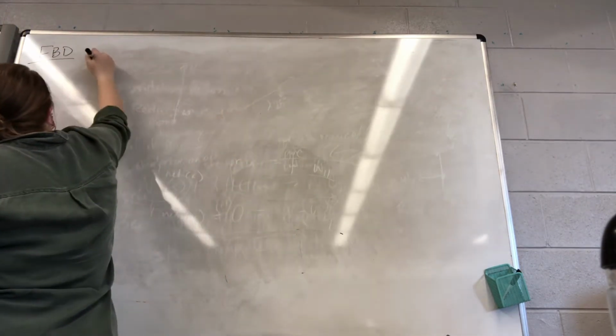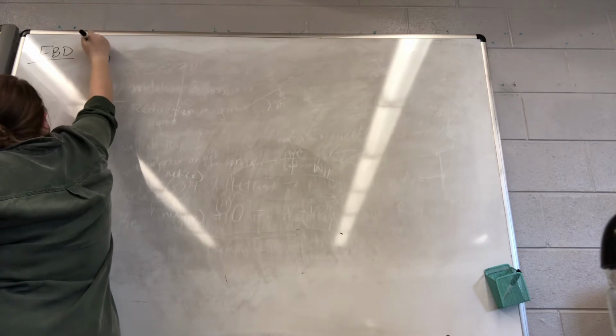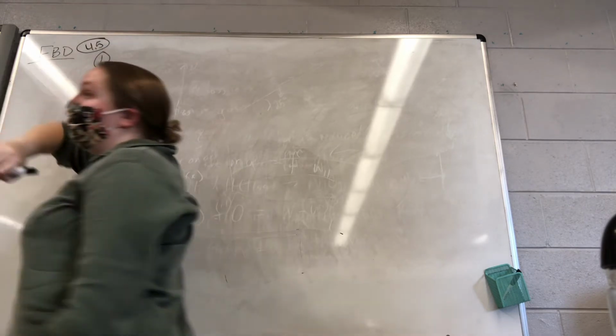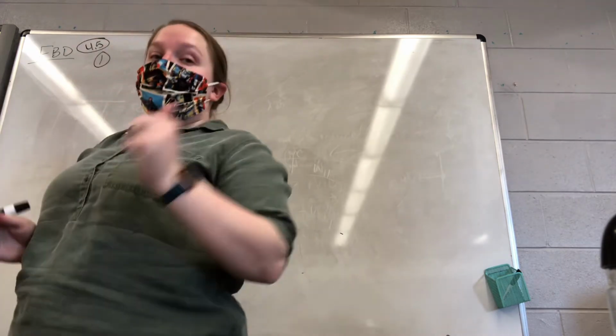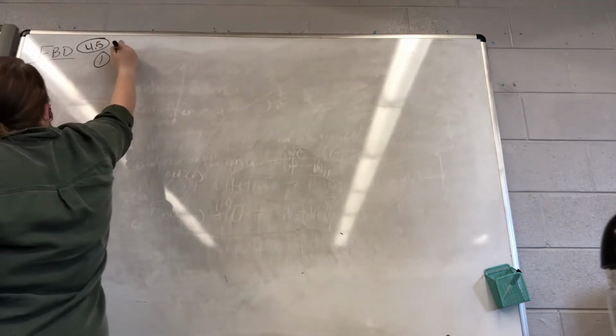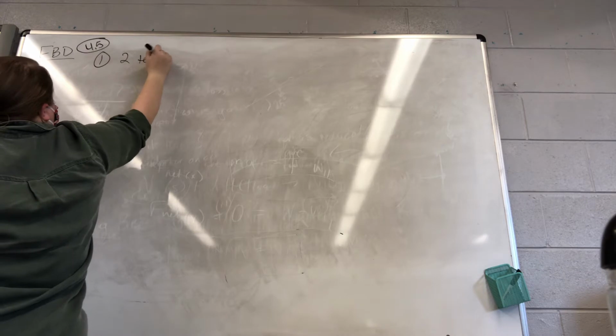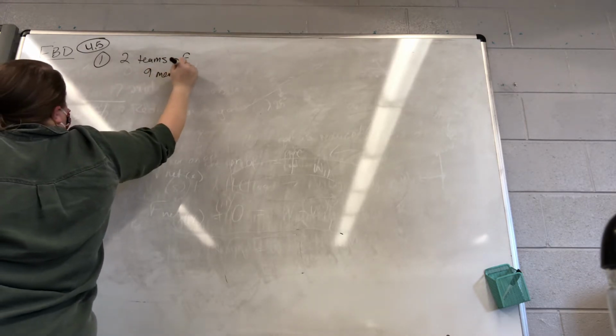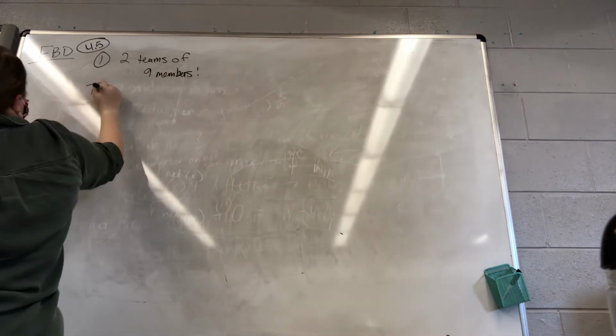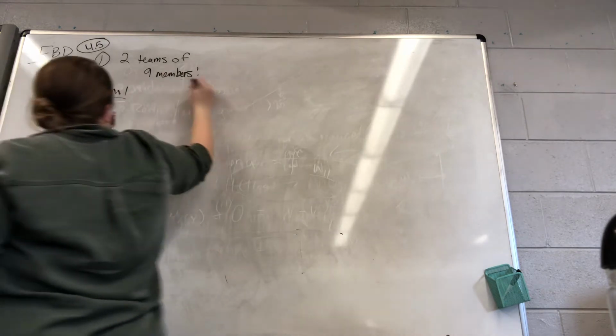All right, the first question on the 4.5 practice problems that you were given has two teams of 9 members each. You've got team 1 and team 2.